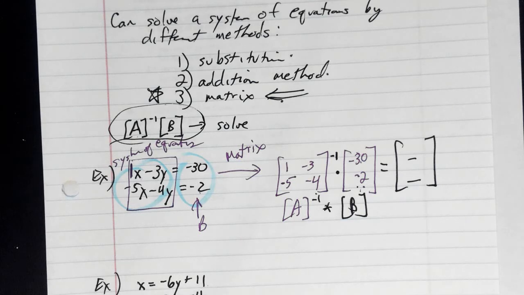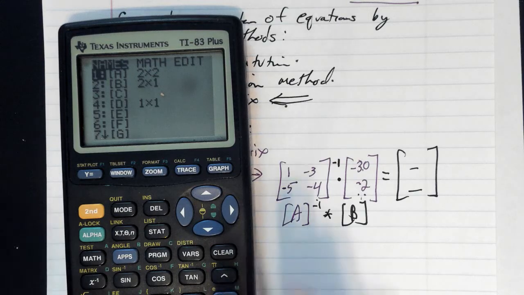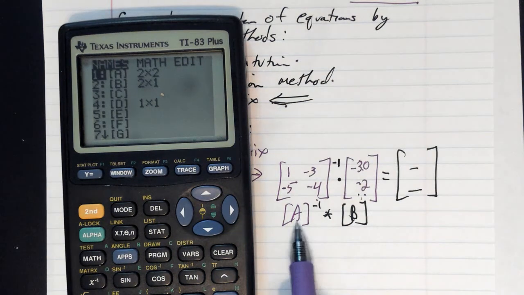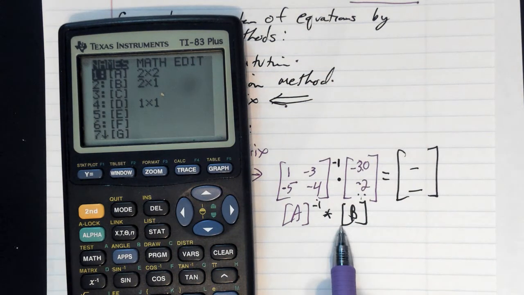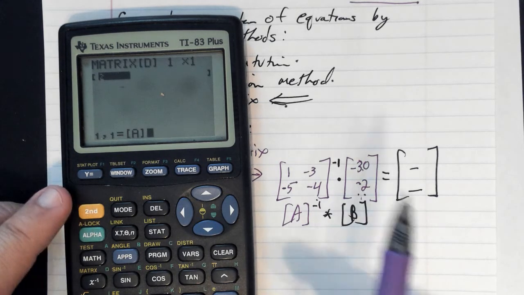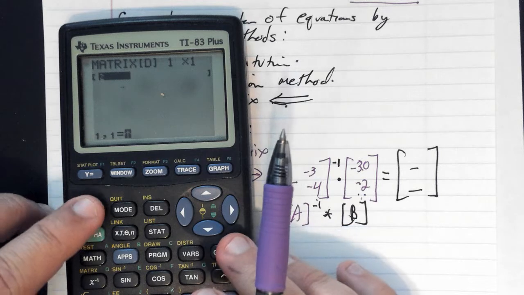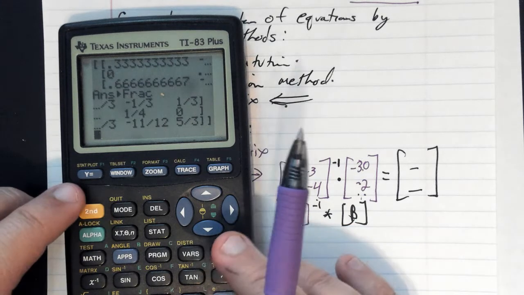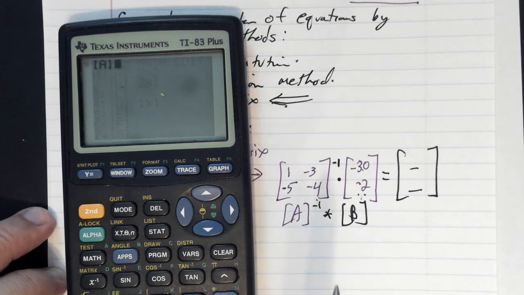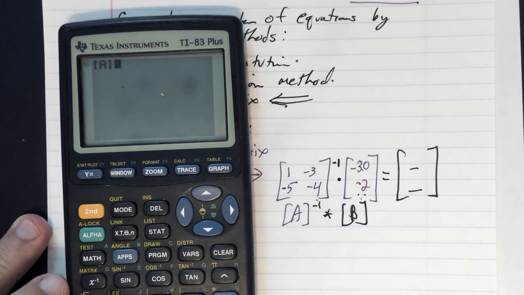All right, so let's go ahead and do that. Alright, so I've made the two matrices. This is matrix A and this is matrix B, right? And now what we're going to do is get this on our calculator. Whoops. Let's get out of there. Clear all that. So we're going to matrix A, and we're going to give it the inverse button.